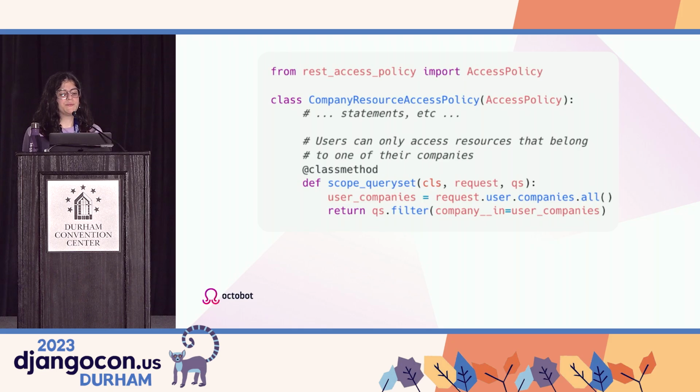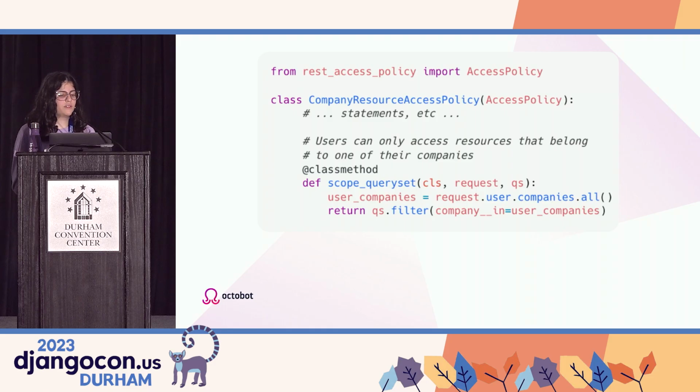This access policy has a scope query set method that receives a request and a query set. The way it works is that you get to do whatever you want with that query set and that request. In this case, I want to filter the query set by the companies from the user, so that the user can only access resources that belong to one of their companies.